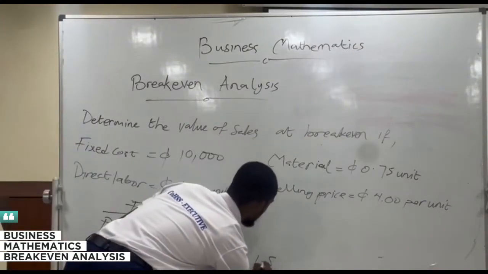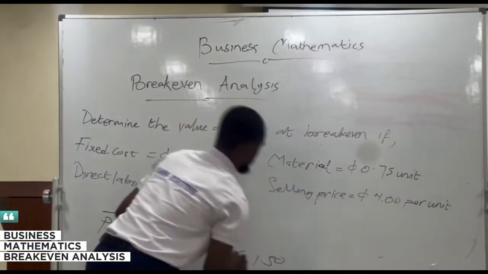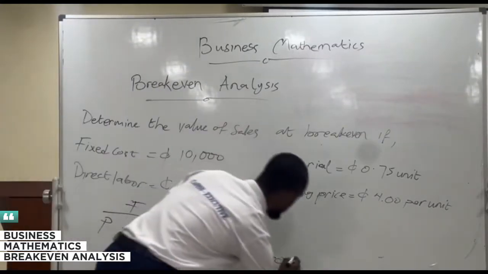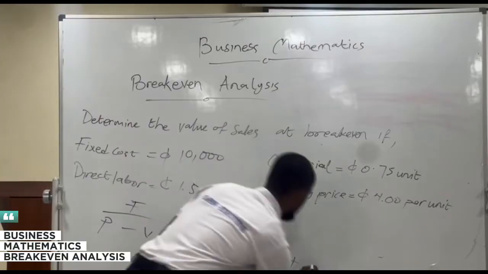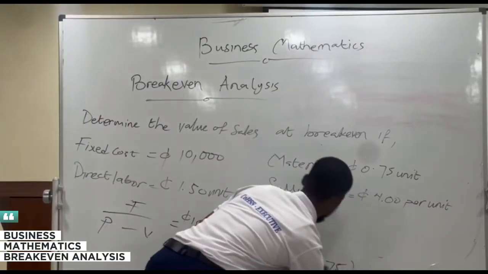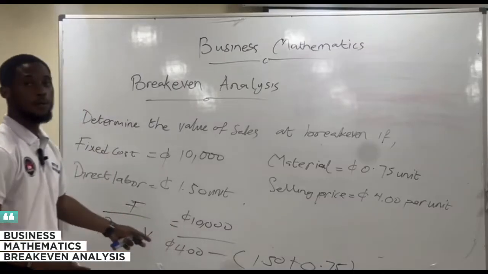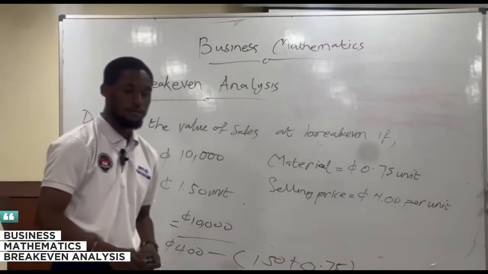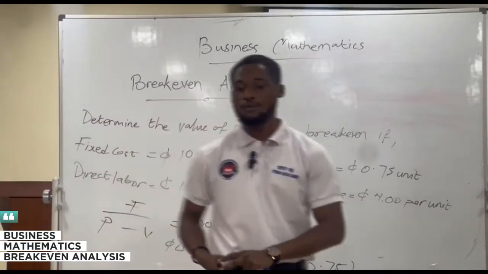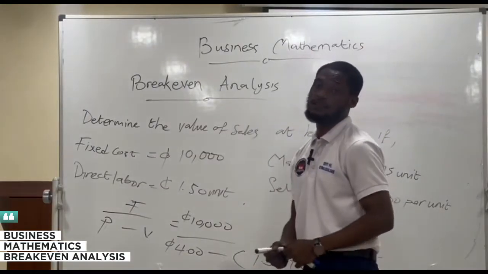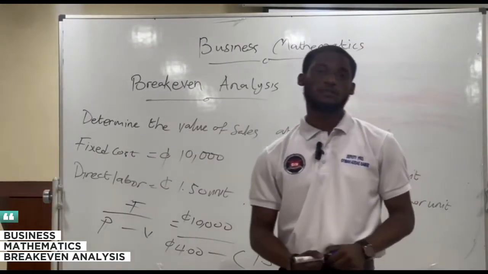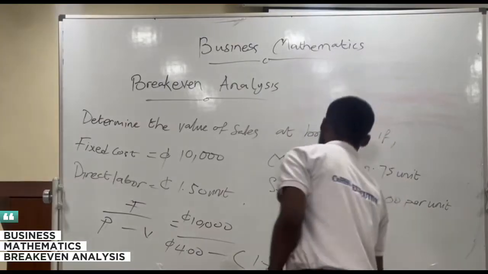Direct labor is 1.50 plus material, which is 0.75. This is how to go about this to get our variable cost. So now when we do this, we'll get 5,714 units.